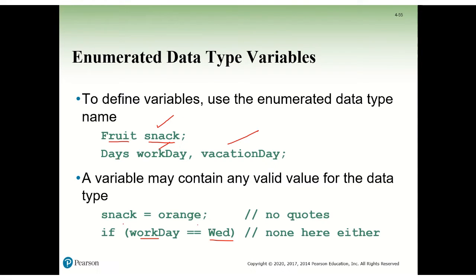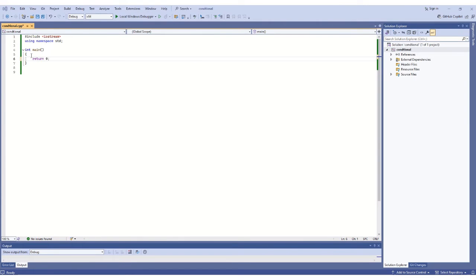Let's see if we can do some hands-on exercise on that too. To illustrate the enumeration, let's declare an enumerated type. Let's write enum roster, above, in the global scope of the program.